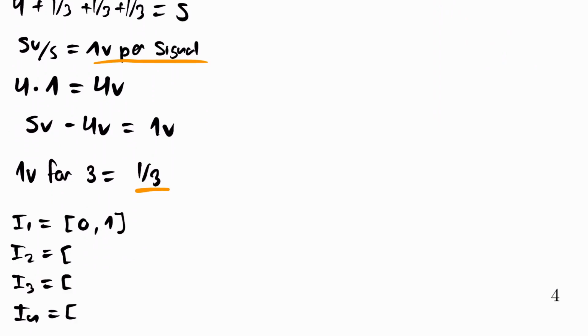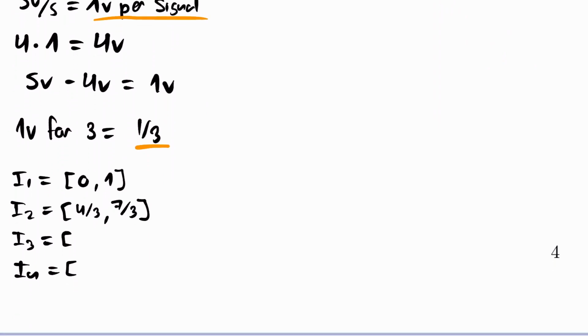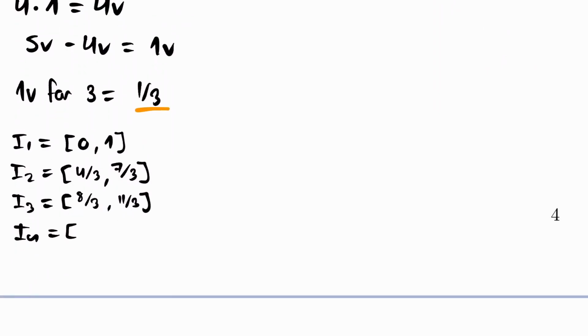That's gonna be 4/3 if I'm correct. And then 4/3 plus 1 is gonna be 7/3. Again, 7/3 plus 1/3 is gonna be 8/3. Then plus 1 will be 11/3. 11/3 plus 1/3 is gonna be 12/3, which is in this case 4. And then plus 1 is gonna be 5.